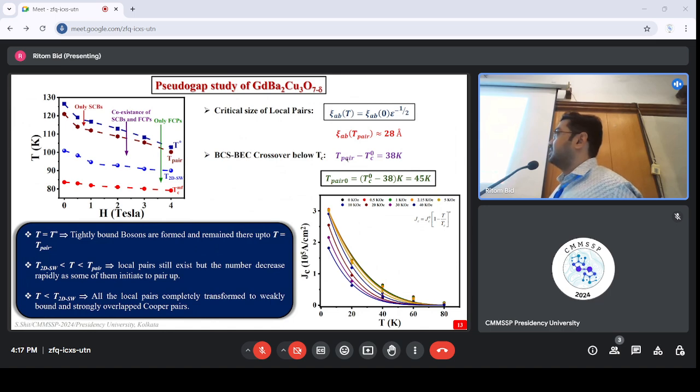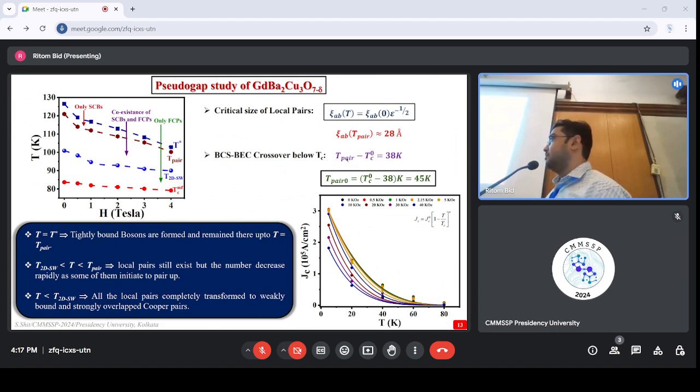At T equals T star, only strongly coupled bosons are there, which obey Bose-Einstein condensation theory. But as we decrease the temperature and cross into the limit T2D SW to 2T pair, some of the local pairs still exist, but their number decreases very rapidly because they try to initiate pairing up, and some local pairs become fluctuating Cooper pairs.